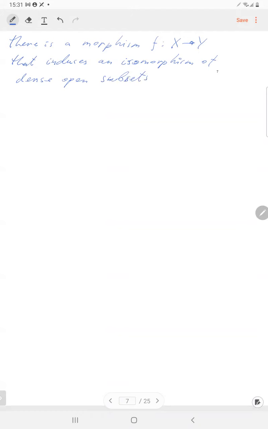Okay, so this is not a dotted rational morphism, but an actual regular morphism. But it is an isomorphism when restricted to open subsets. This is the content of Chow lemma, and let's prove it.